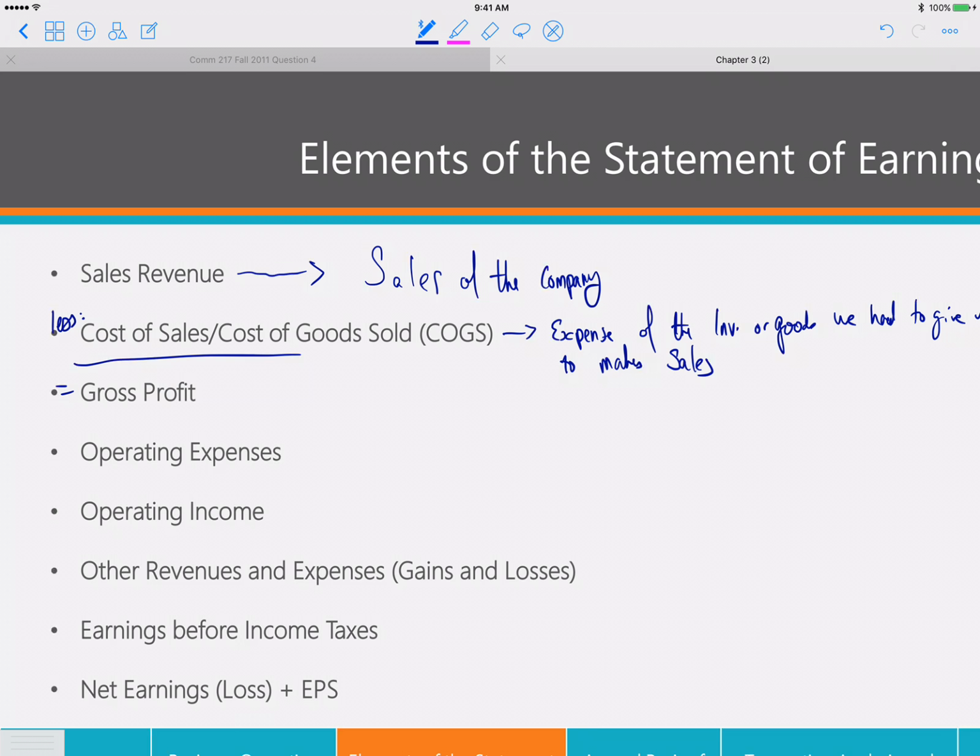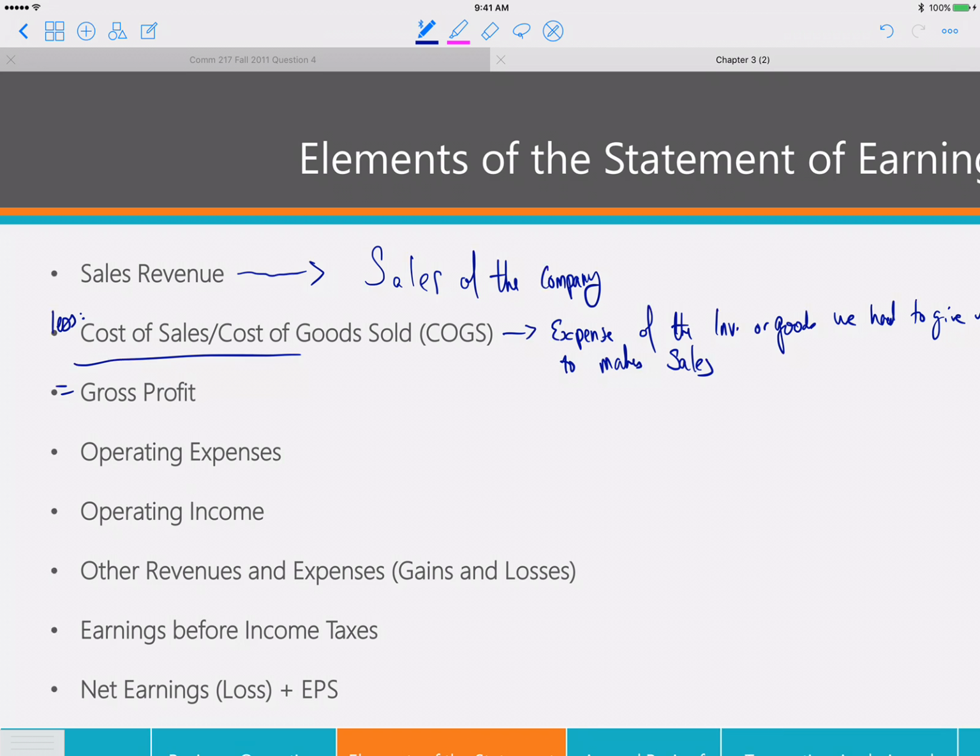That is after accounting for the cost of the inventory or the goods that we gave up, what is the cash or the revenue that we received from our customers? This is our gross profit, and this is the amount that we use to pay off all the other expenses in the company.